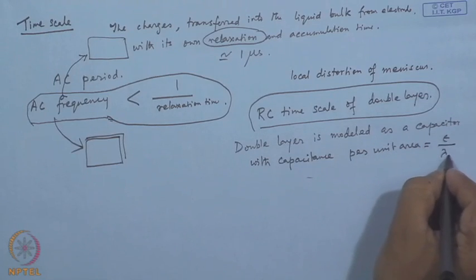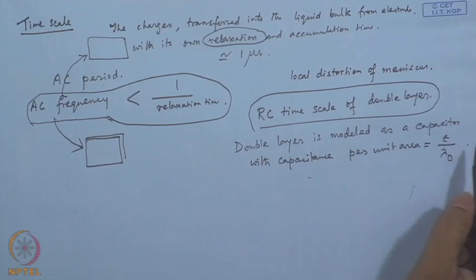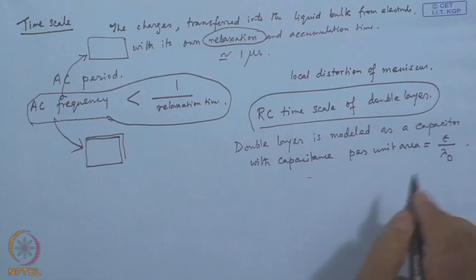Epsilon, you know, is the permittivity and lambda d is the thickness of this double layer.